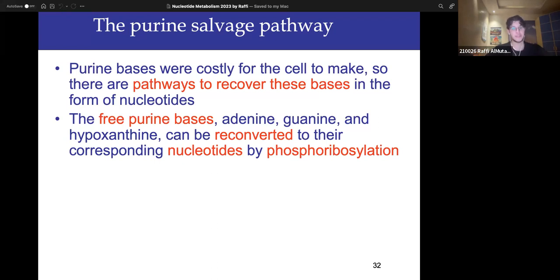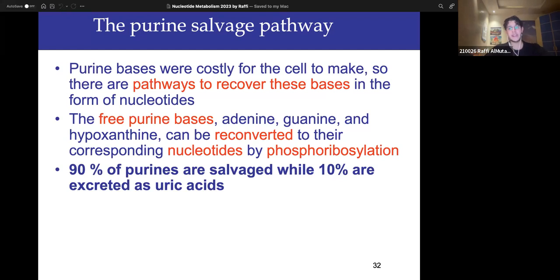This process is called phosphoribosylation. One thing you have to keep in mind is it's a lot easier for the cell to salvage the purines than make its own, because they have already been made. All you have to do is convert them through a reaction and set them up. That's pretty much it, as opposed to making something from scratch.